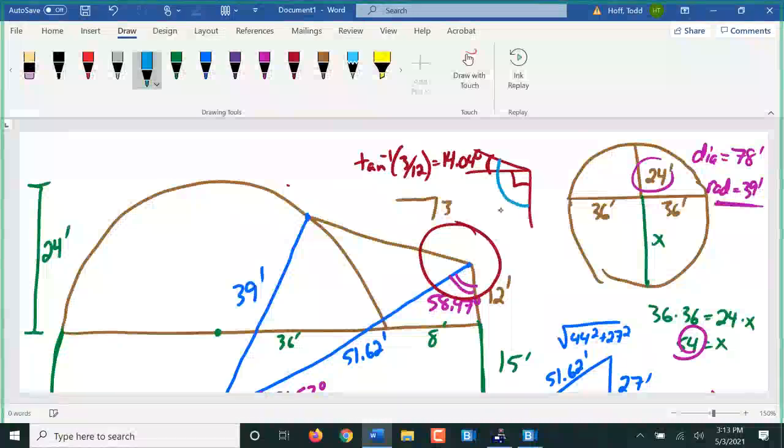That makes this whole angle 104.04 degrees, 14.04 plus 90.